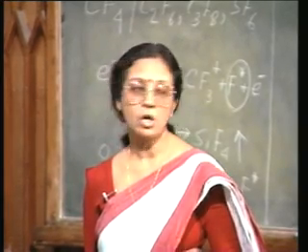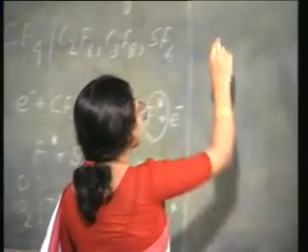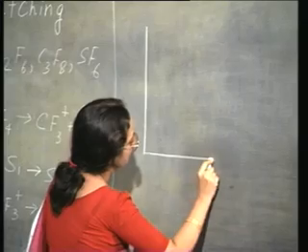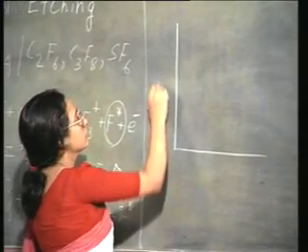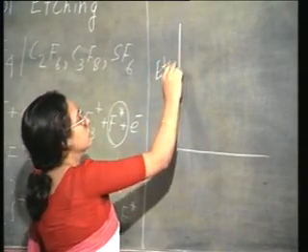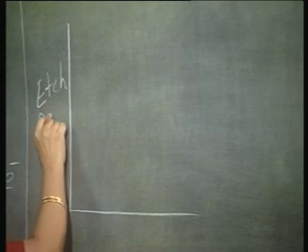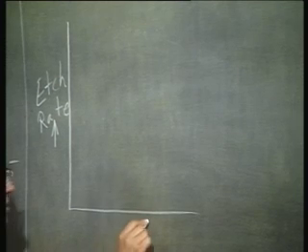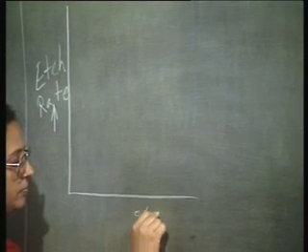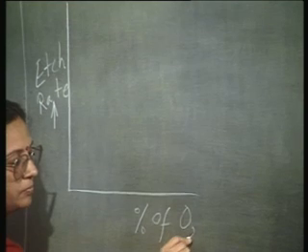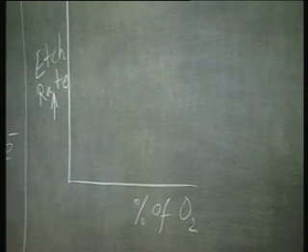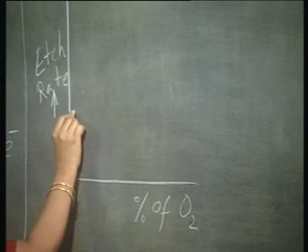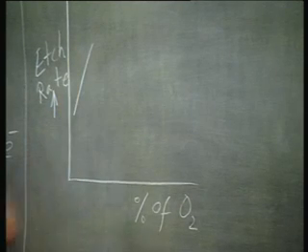Okay. So, if I want to plot the etch rate versus percentage of oxygen, it is going to increase like this.